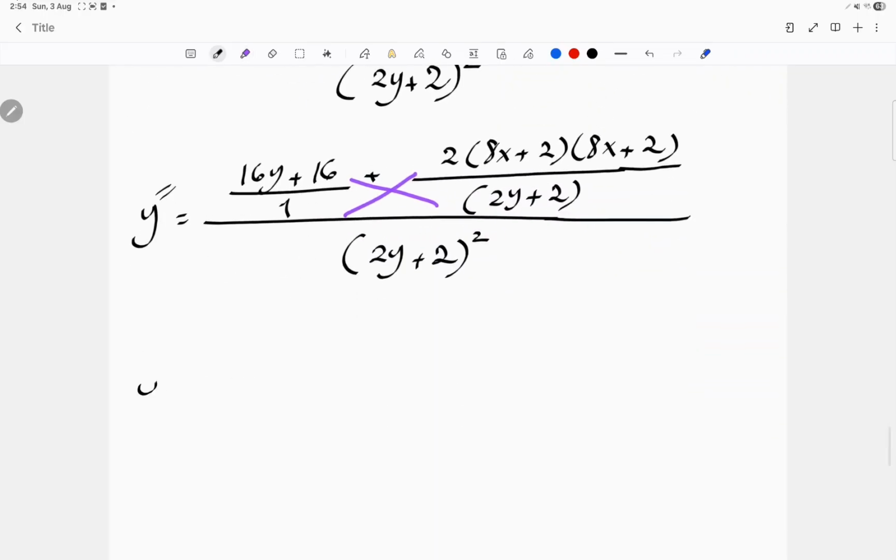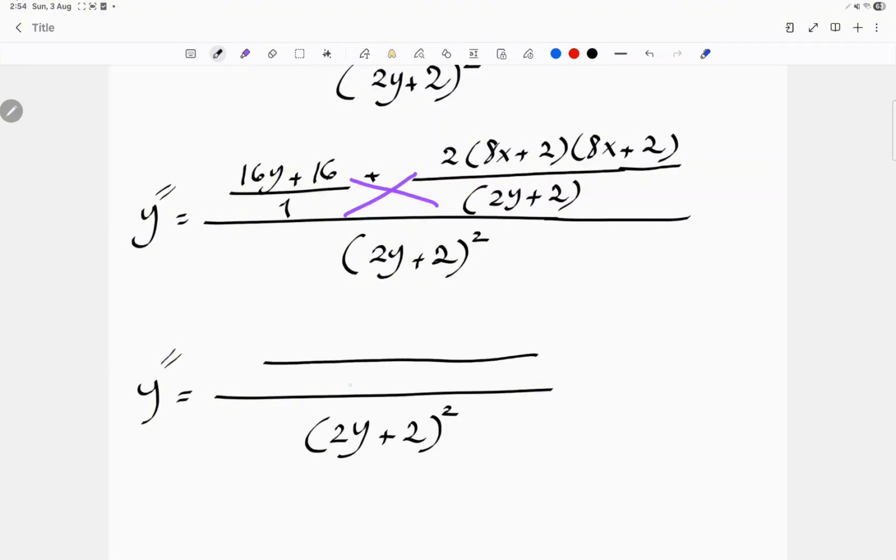Simplify things, hopefully. 2y plus 2 squared. So we're going to have 2y plus 2 as a common denominator. Minus common. Exactly.